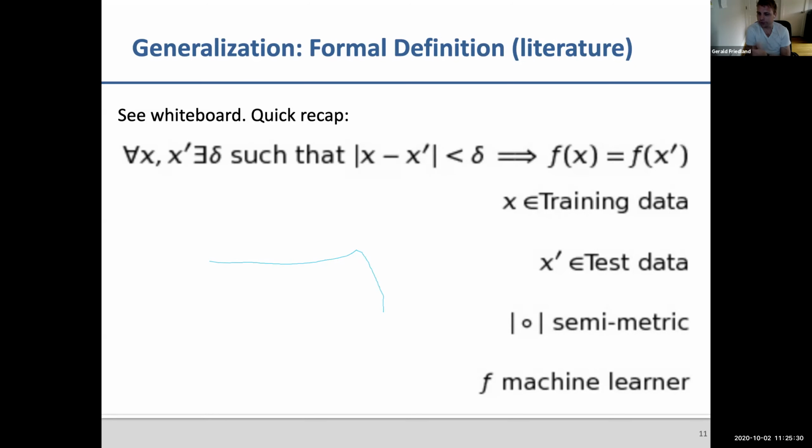So we have f of x, that's our machine learner, x prime is some test data, and x is the training data. And we'll say for all of the training data and all of the test data, we'll find a delta such that when x minus x prime is smaller than some delta, that is, the added noise is smaller than some delta, that means f of x equals f of x prime, and we get the same decision.